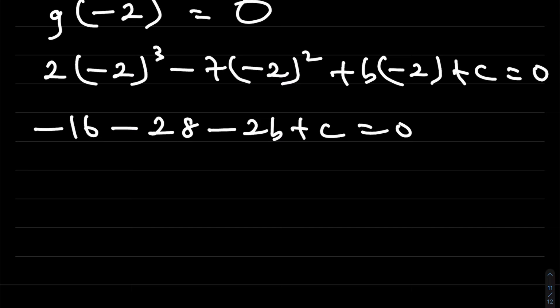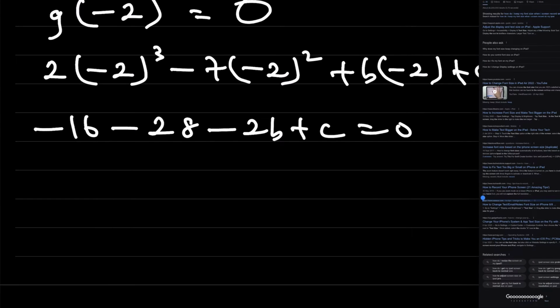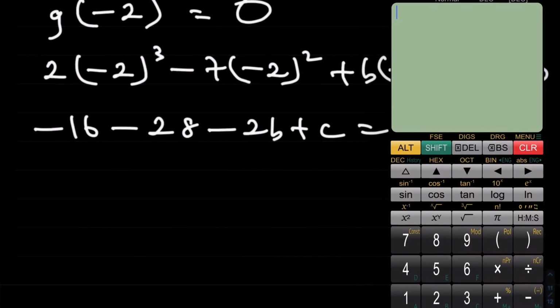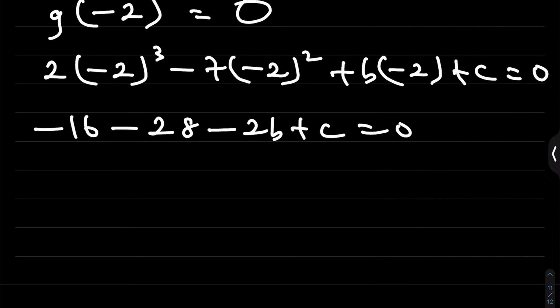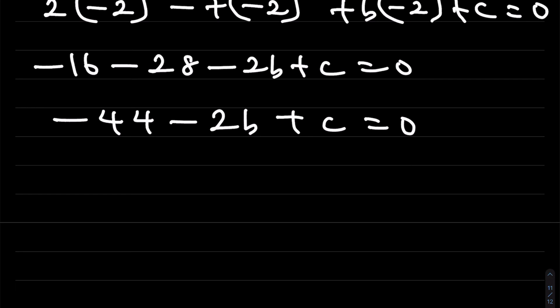Which is the same as minus 16 minus 28. You can check that, minus 16 minus 28, that's minus 44. So that means minus 44 minus 2b plus c equals 0.